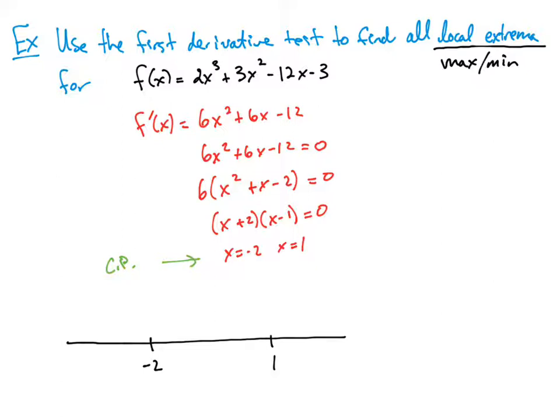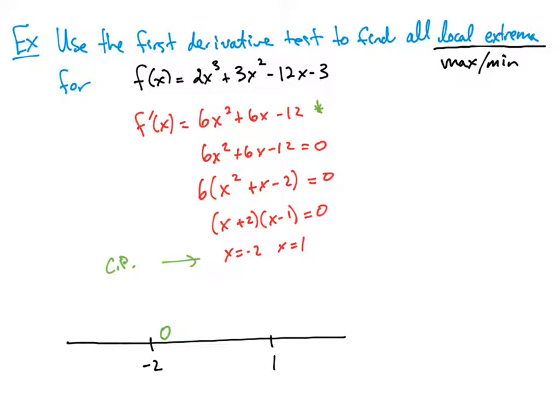In each interval, let's just pick a value and then substitute it into the derivative to see whether we get a positive value or a negative value. I'll test the middle interval first, just because that one's going to be the easiest.